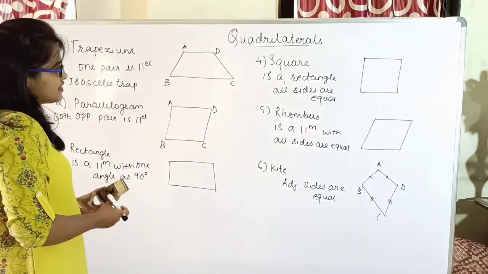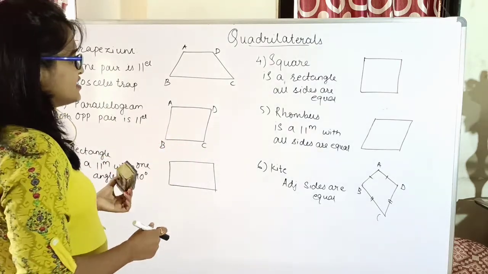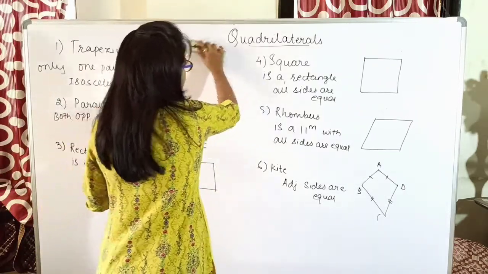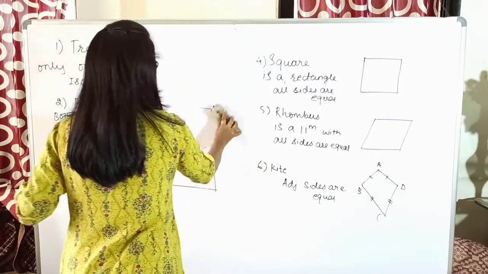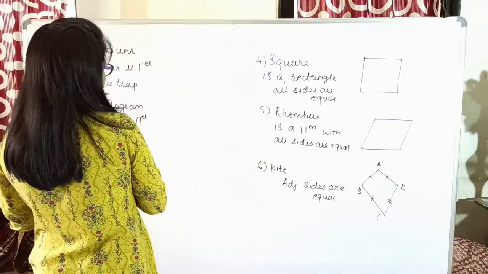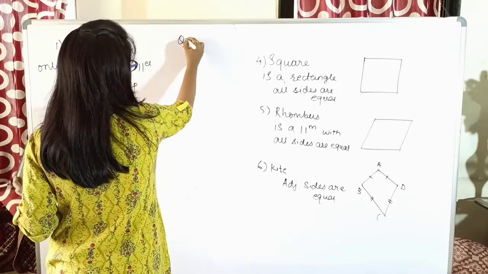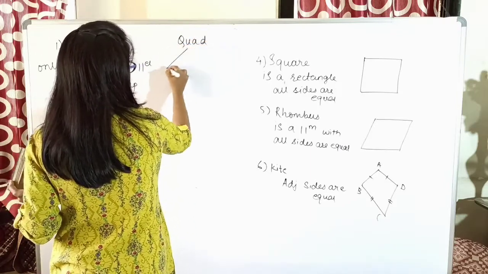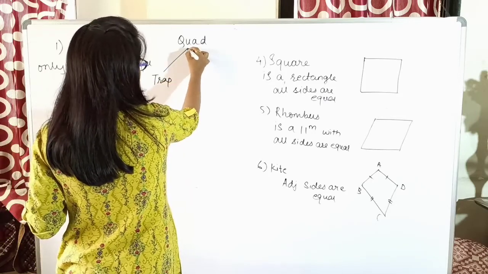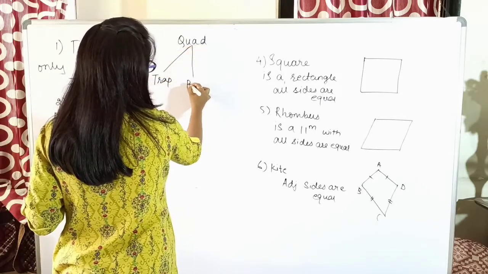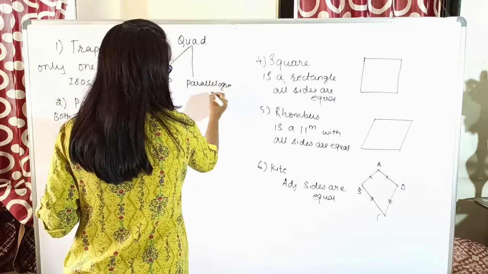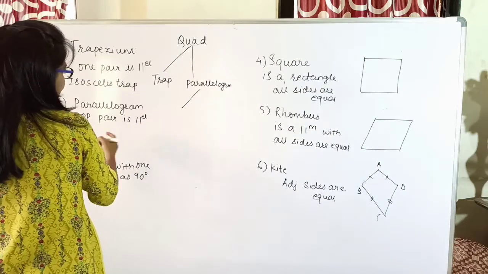If I try to draw a tree diagram for the different types of quadrilaterals, how could it be? Let us see. The first top heading would be quadrilateral, because we are going to see the types of quadrilateral. One type is trapezium. Another type is parallelogram. In a parallelogram, one is rectangle.